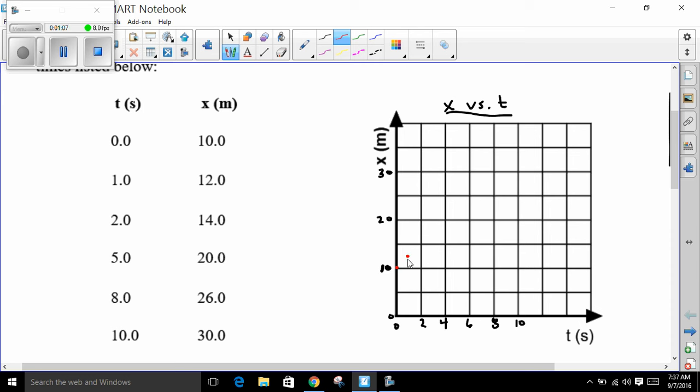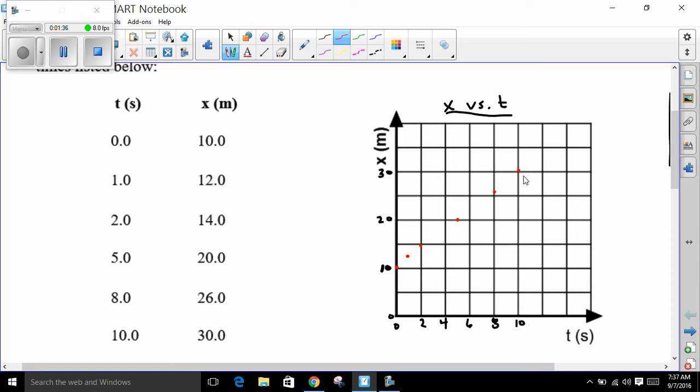At 2, we're at 14, just underneath the 15. At 5, which would be out here, we are at 20. And at 8, we're at 26. And at 10, we're at 30.